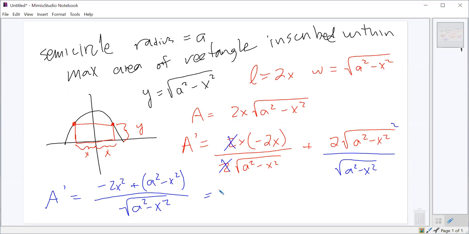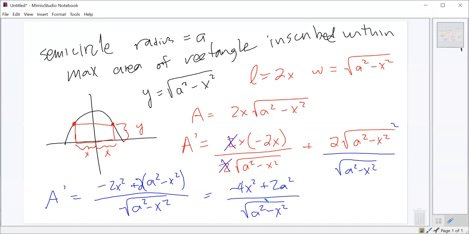We end up with negative 2x squared minus another 2x squared, sorry, I forgot my 2 out there, so it'll be minus 4x squared, and then plus 2a squared over this root a squared minus x squared. Everybody good with that one so far?